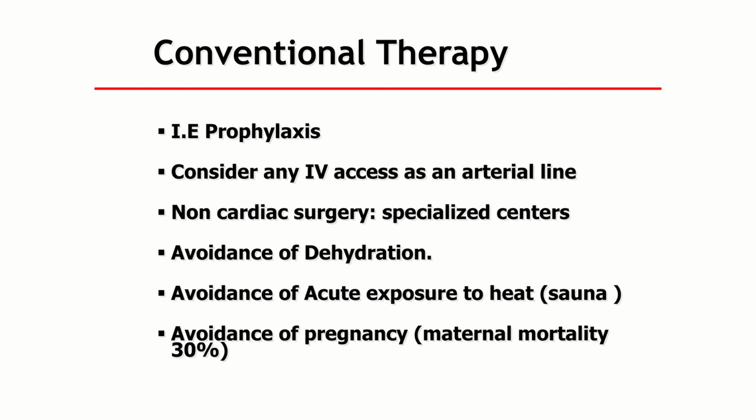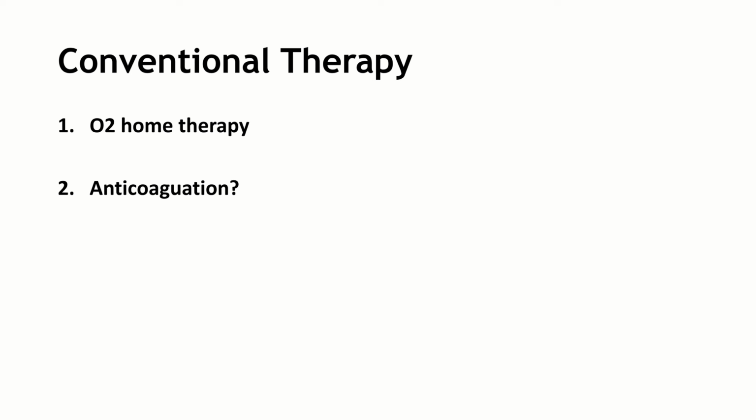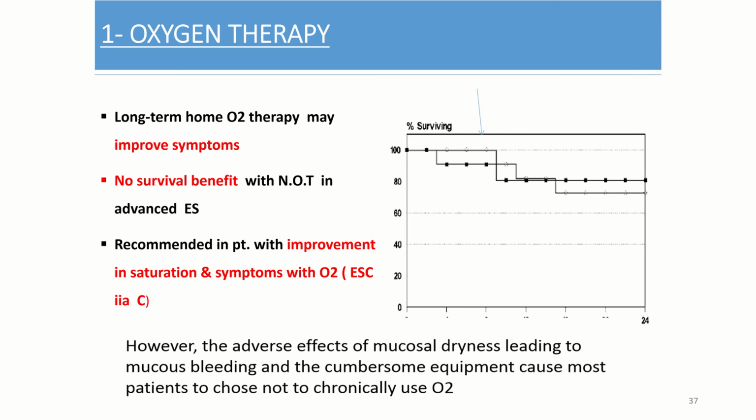Avoid dehydration, either by oral or parenteral hydration. Avoid acute exposure to heat and avoid pregnancy, as it's well known that maternal mortality is 30% in this group. Still, we have a question mark about home oxygen therapy and anticoagulation.